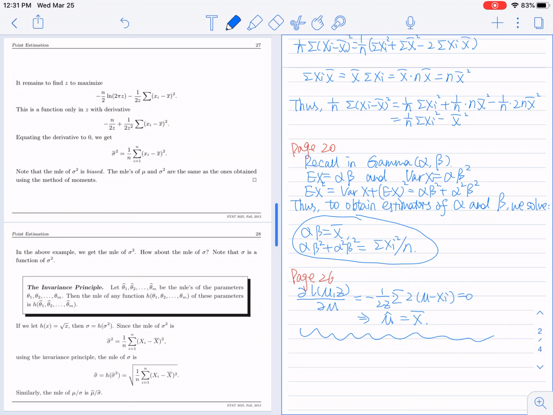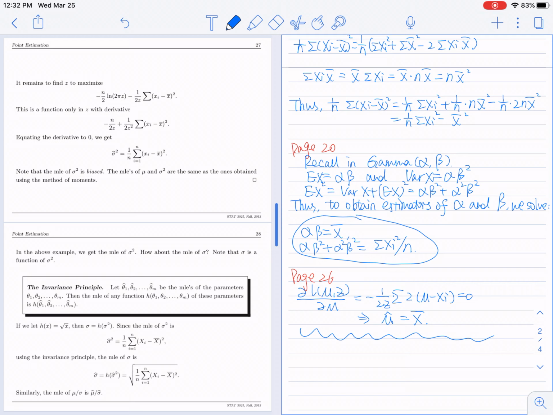The answer is that the MLE of sigma is just equal to the square root of the MLE of sigma square. That is called the invariance principle, and it is summarized in page 28.